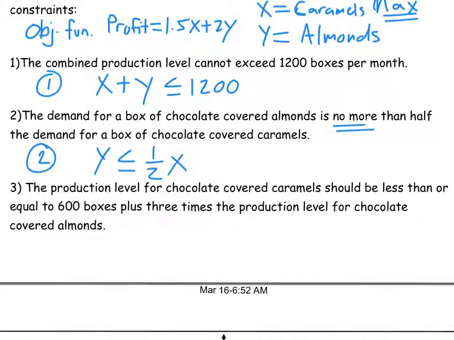And constraint number 3, the production level for caramels, hey, that's X, should be less than or equal to 600 plus 3 times the production of almonds. Okay? So we basically have a combined production constraint for number 1, a demand constraint for number 2, and then a production constraint based on how much we should make of each for number 3.